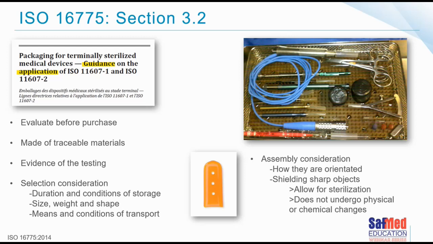And then it speaks about the fact that there are various selection considerations. Those include the duration and conditions of storage, the size, the weight, and the shape of the item being sterilized and packed, the means and the conditions of transport. So all of these factors have to be taken into account when you're trying to decide on what sterile barrier systems to order, to buy, to use, to pack with.